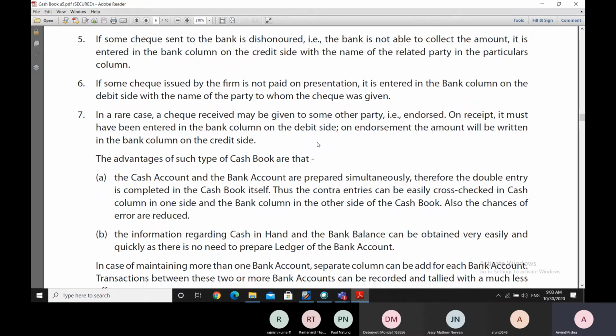When we take the cash and deposit it in the bank, or we take out the cash from the bank and bring it to the office, contra entries are made in the form of double entries, or double entries are made in the form of contra entries, and therefore double entry is also completed in the cash book itself. So by having this kind of cash book, we are achieving the double entry effect within the cash book itself.